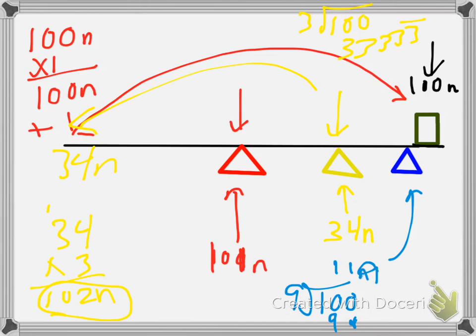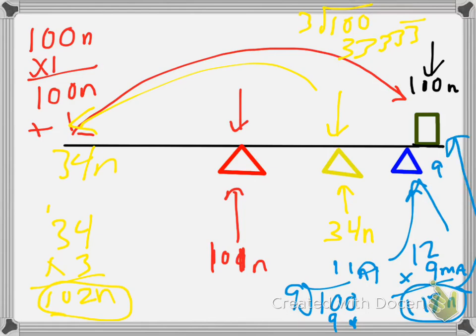I know that I would need 11 newtons, so let's make it 12, and I'm going to multiply that by 9, the mechanical advantage, because the machine is outputting with this fulcrum a 9. It's giving me a mechanical advantage of 9. 12 times 9, well, 12 times 10 is 90, and 2 groups of 9 would be 18, so I'm looking at 118 newtons out of that. That's way more than the 100 newtons that I need for this.